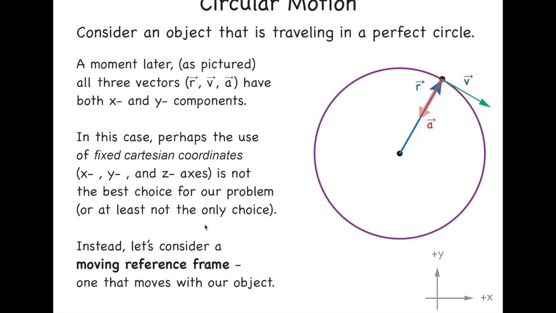So in this case, maybe the best choice is not these fixed traditional x, y coordinate systems. At least it is maybe not the only choice. Instead, let's consider using a moving reference frame, one where instead of our axes always staying pointing in the same direction, we let our axes move along with us.